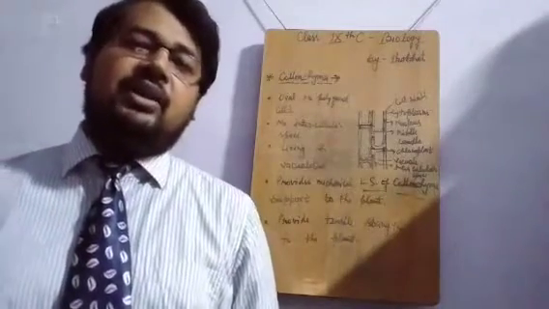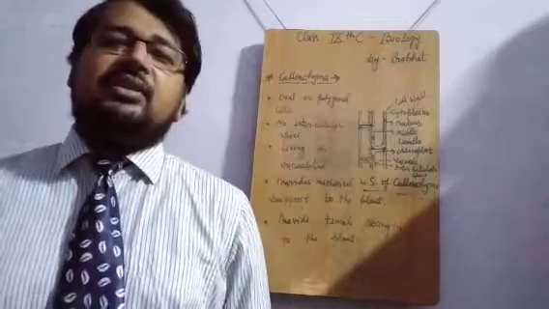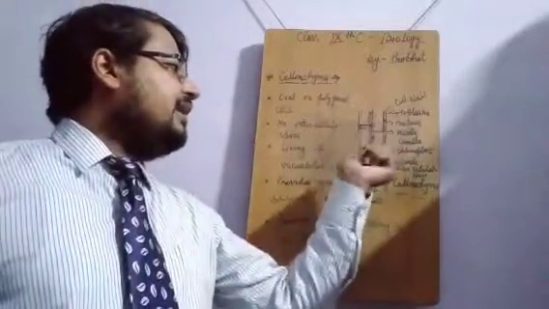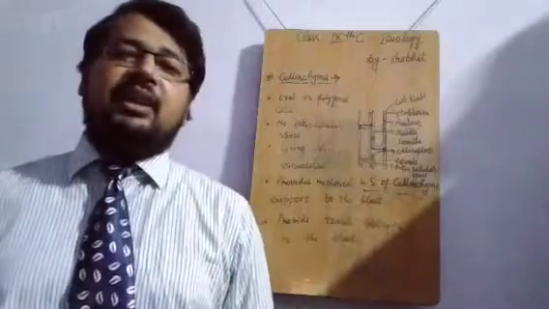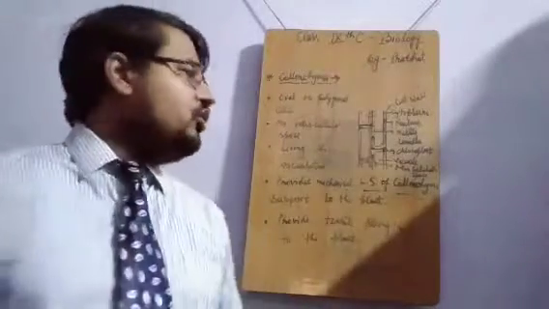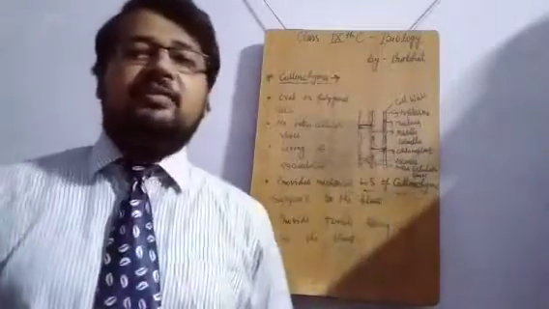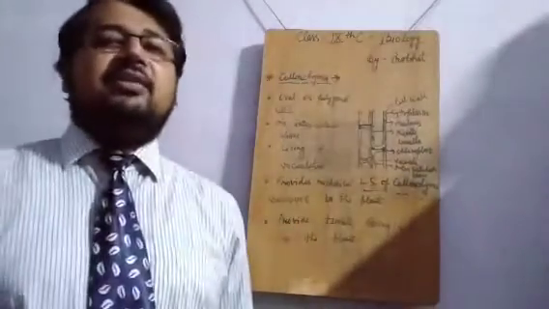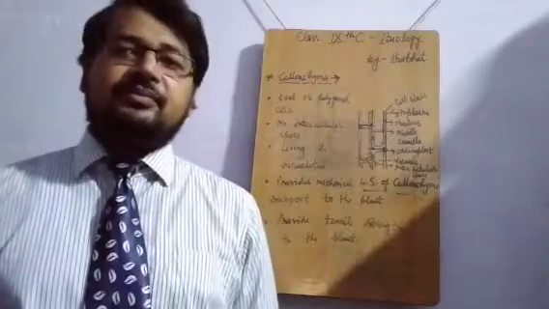It will provide you an edge over others. So colorful diagrams with proper labeling. If you make a diagram and you do not label it, then it will be of no use. If you don't know what structures are found in a specific diagram, then only making a pictorial representation will fetch you no marks.